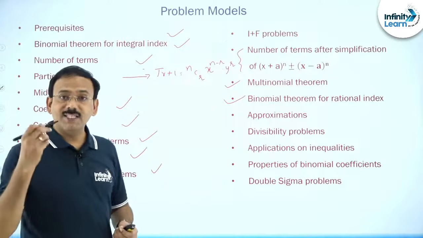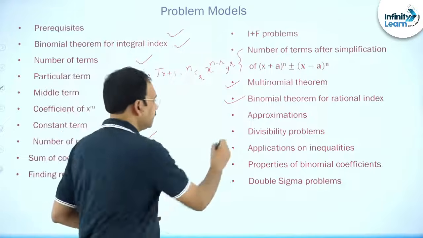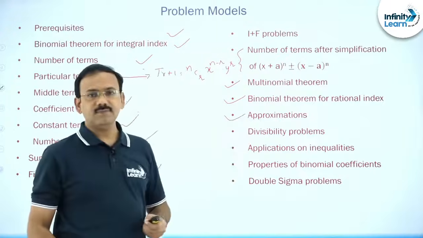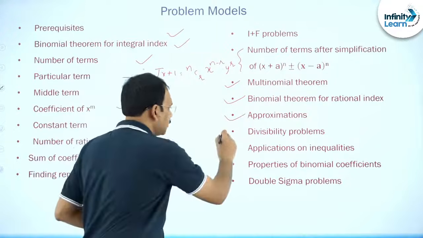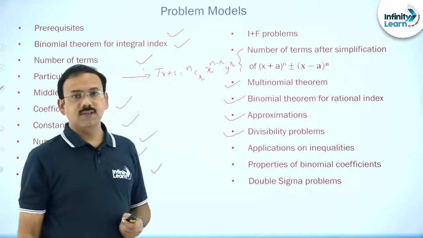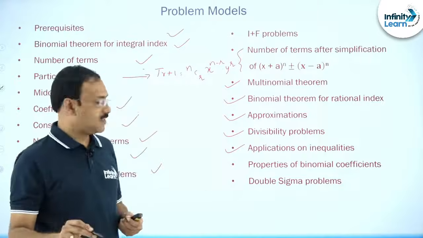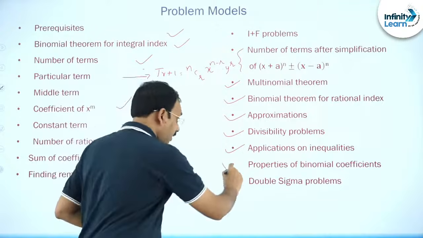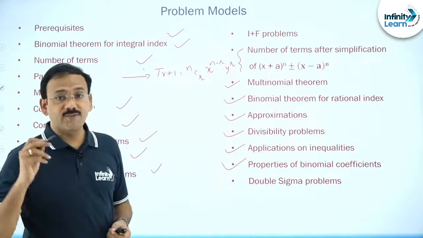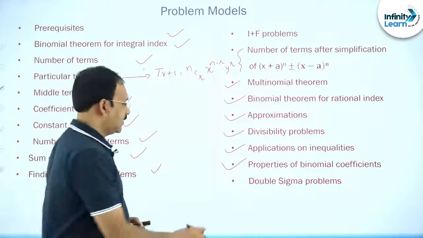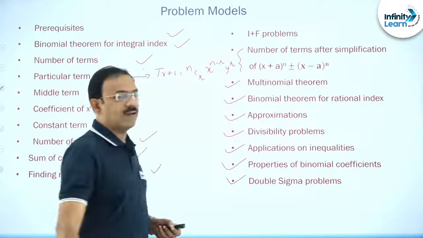And there will be special applications like approximations, applying this knowledge to divisibility problems, and proving certain inequalities. Then properties of binomial coefficients is a very big topic. Then double sigma, triple sigma problems.